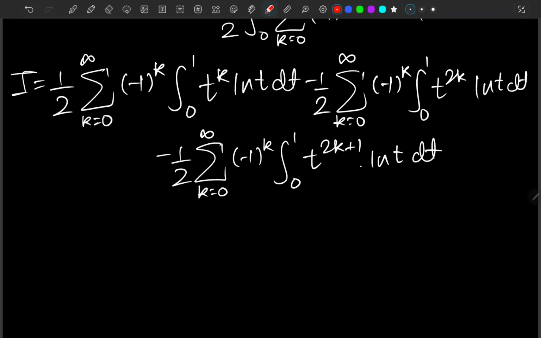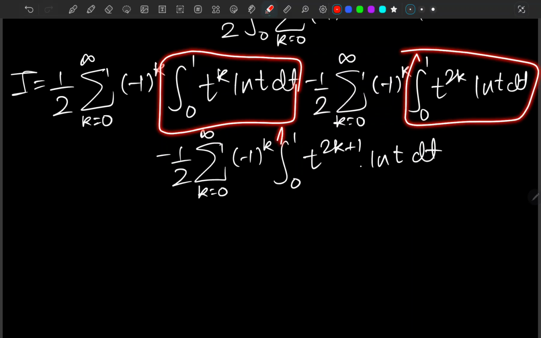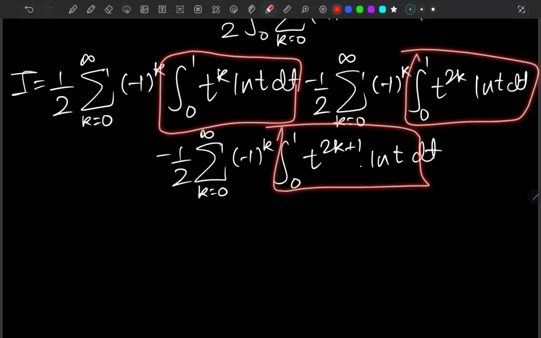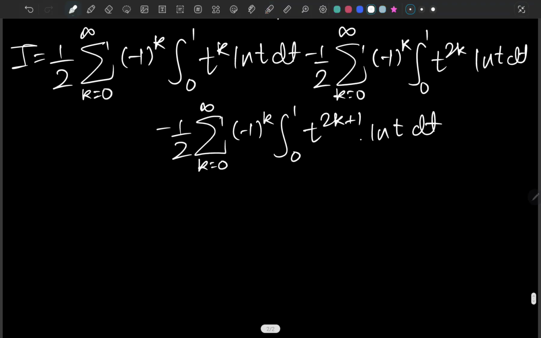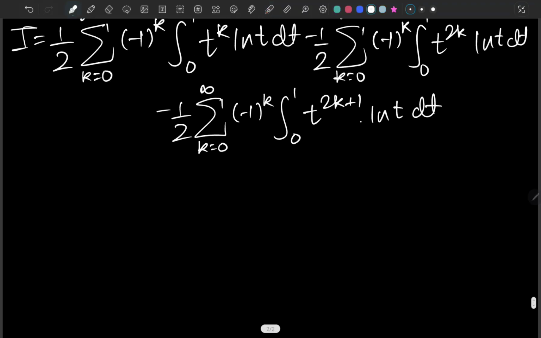Now we have to care about this integral, and this integral separately actually. So let's talk about them separately. So let me consider the first integral, I1 equals integral from 0 to 1 t to the k ln t dt.